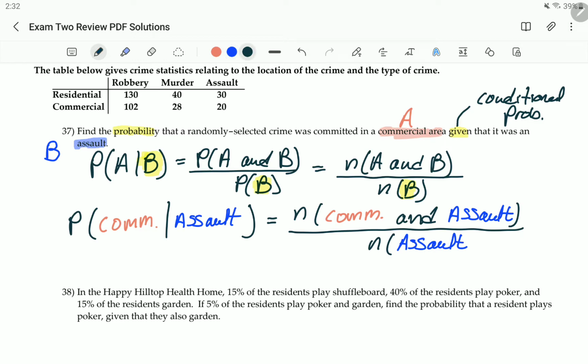And once again, whatever category goes after the given symbol, in this case assault, also goes down here by itself in your denominator.